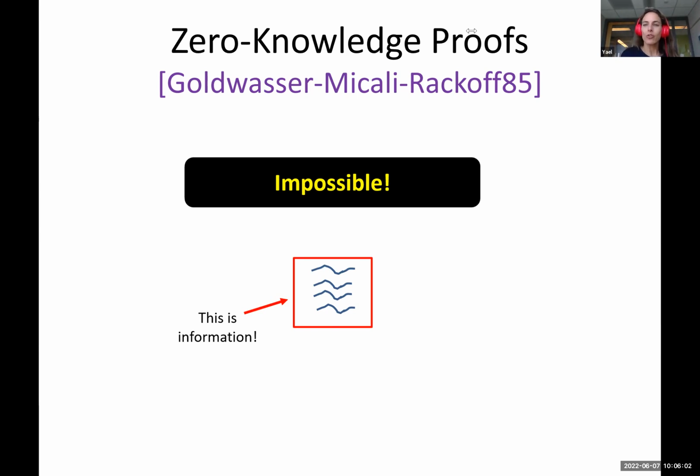You can't say there's no information in it because it has some value. Even if you don't understand it fully, you can verify it line by line. So it seems like you must learn something from a proof. You learned that here's a proof. It really seems impossible to say you don't learn anything.